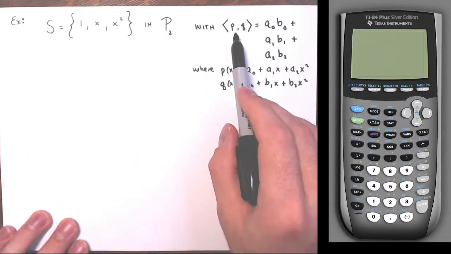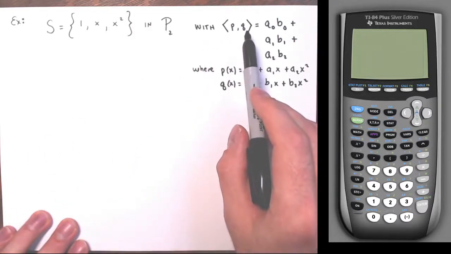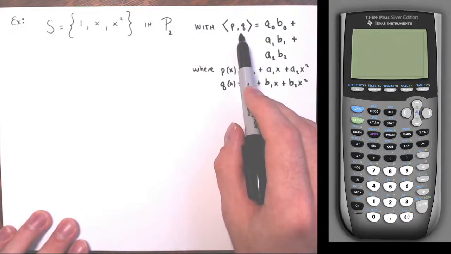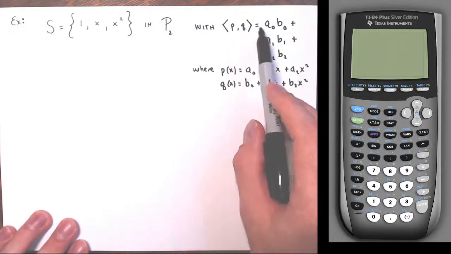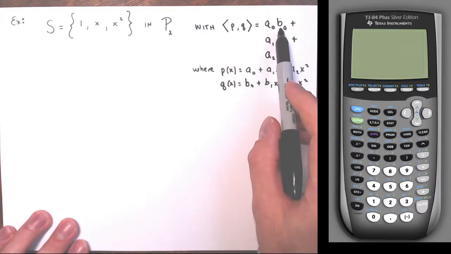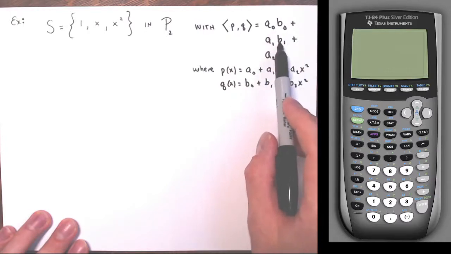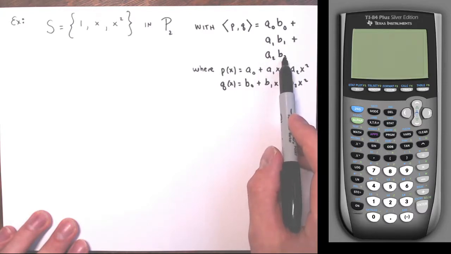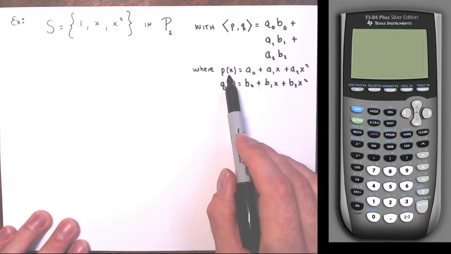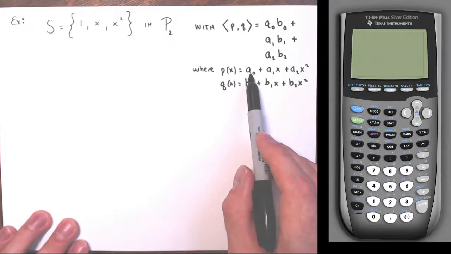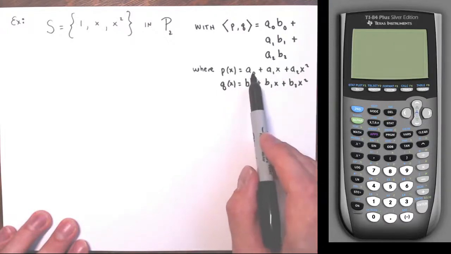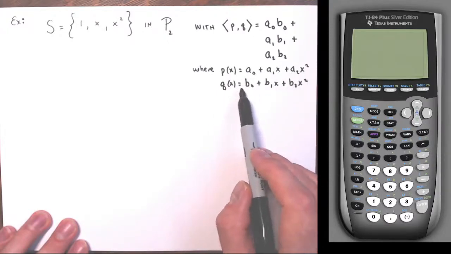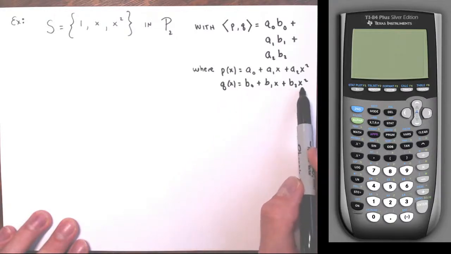And the inner product I have defined here: the inner product of two polynomials is the product of their constant coefficients plus the product of their linear coefficients plus the product of their quadratic coefficients. I've mentioned down here that p of x is a0 plus a1x plus a2x squared, and q of x is b0 plus b1x plus b2x squared.